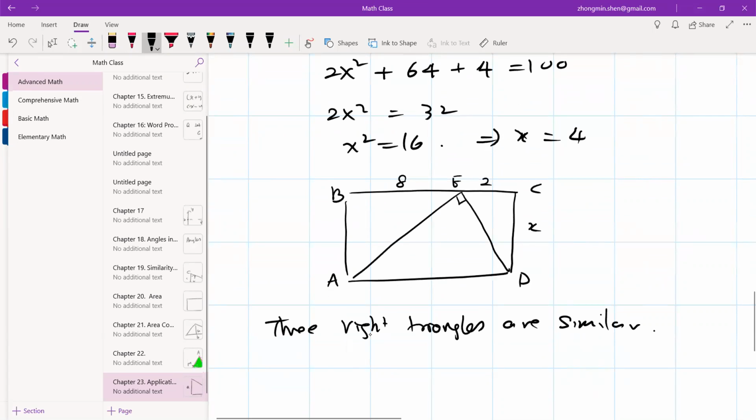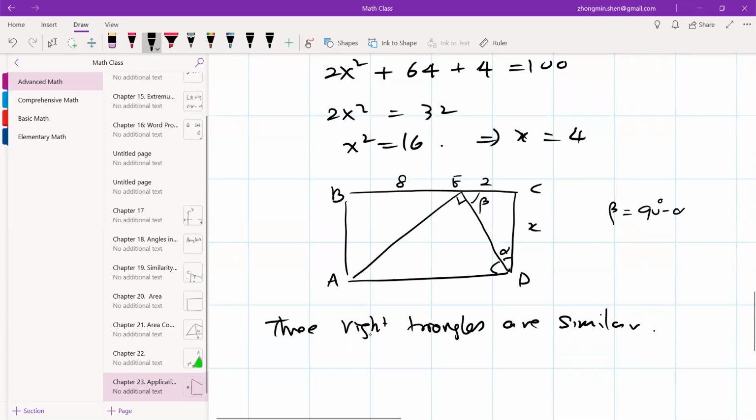Similar means the corresponding angles are the same. Think about that. If this is alpha, then this will be 90 degrees minus alpha. Let's call it beta. Beta is going to be 90 degrees minus alpha. It's completely determined by alpha, okay?